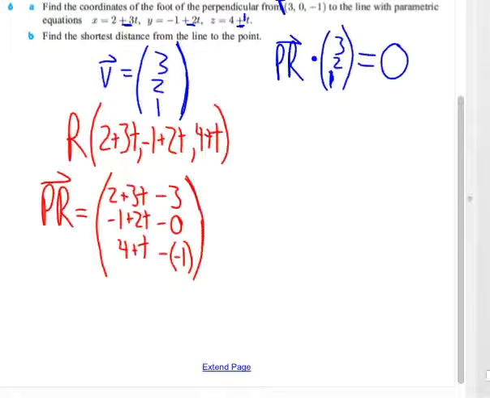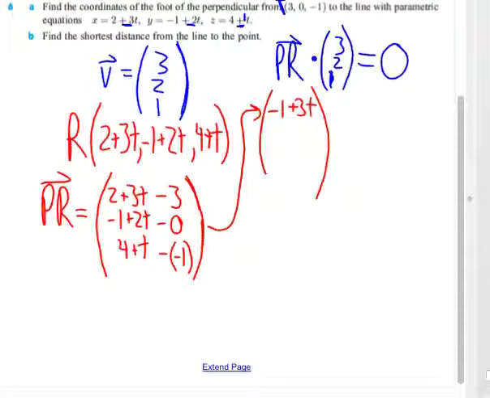Okay? So, the coordinates of the point you're going to, point R, minus the coordinates of the point you're coming from, point P, which we were given up here. So now we're going to simplify that and plug that into this equation that we already set up. 2 minus 3, we have a negative 1 plus 3t.